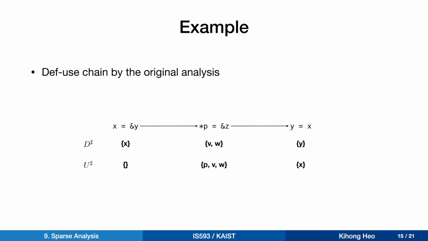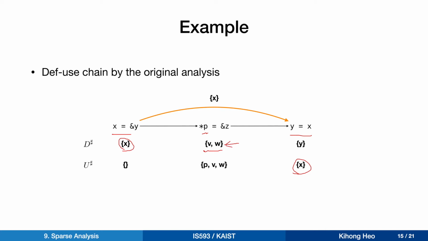Here, suppose this variable p has the abstract memory addresses v and w in the main analysis. Then there exists a depth chain for x between the first label and the last label, because x is defined in the first label, used in the last label, and the intermediate instruction does not define x at all.